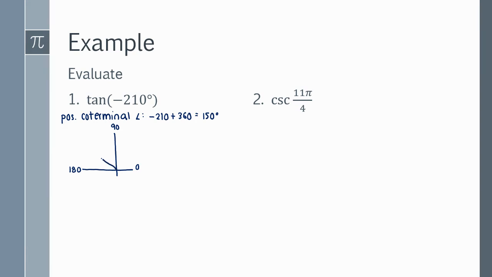Okay, 150 is somewhere over here. Notice that it's closer to 180 than it would be over here to 360. So to find my reference angle, I'm taking that bigger angle of 180, subtracting that new positive coterminal angle, and that tells me that I have a 30-degree reference angle.